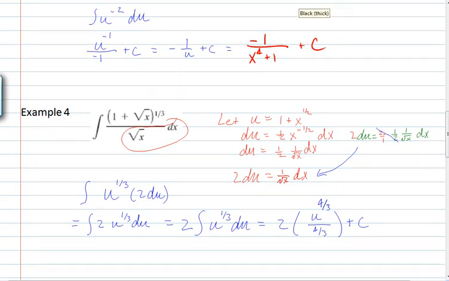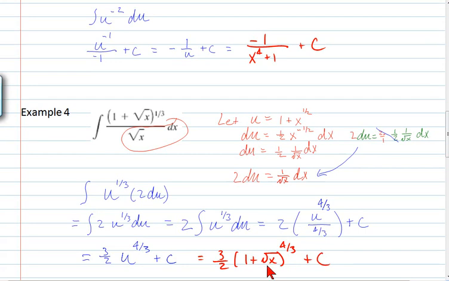All right, so we're not done because we don't have this in terms of x. Carrying over to the next line, this is equal to 2 times 3/4, which is 3/2, u to the 4/3 plus c. But when we go to our x, this is equal to 3/2 times 1 plus the square root of x raised to the 4/3 power plus c.